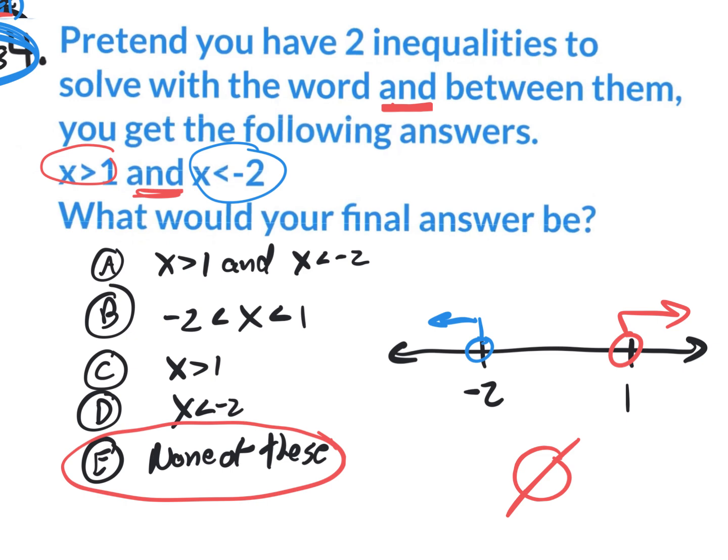And here's another tricky one, very similar to this one. What if I had, let's go with, x is greater than negative 1 or x is less than 2. Okay?